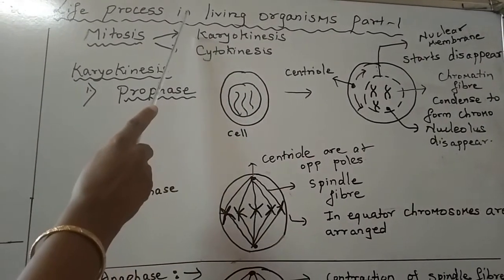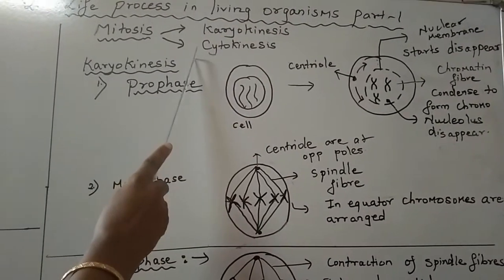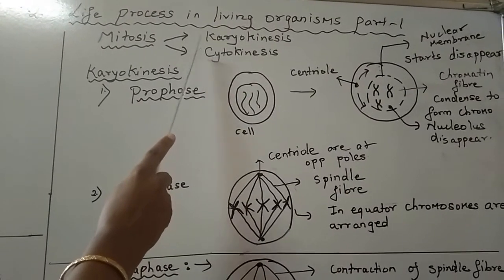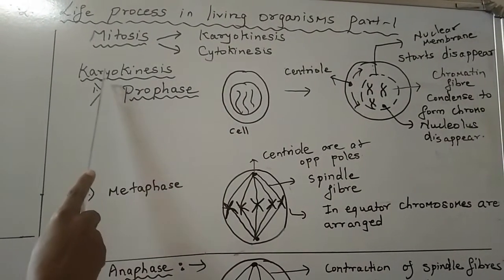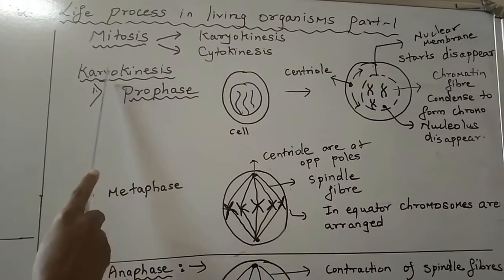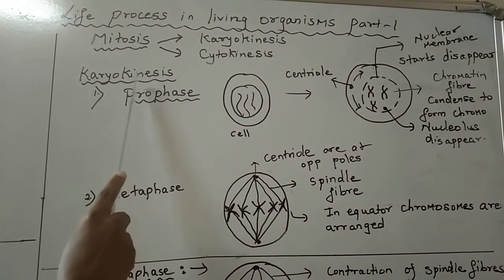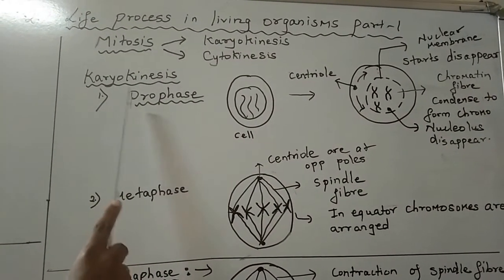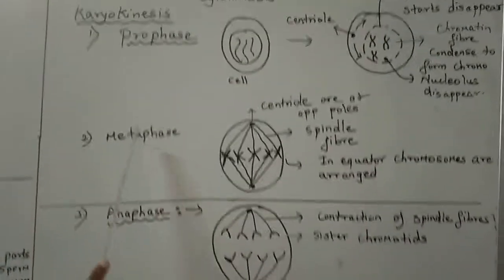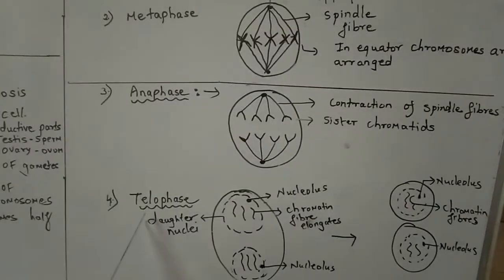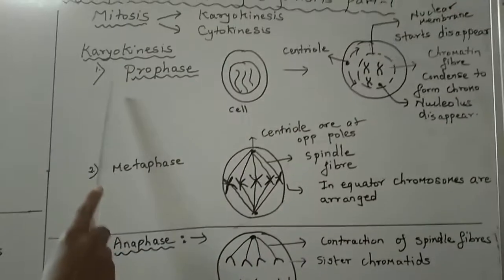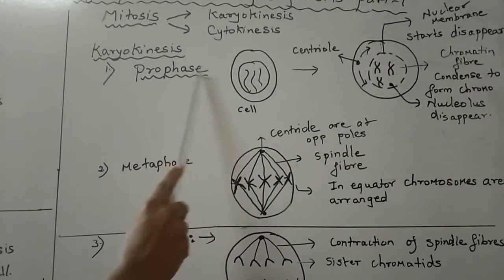So it occurs in two steps, karyokinesis and cytokinesis. So let's study about karyokinesis. In karyokinesis there are four steps again: prophase, metaphase, anaphase and telophase. Okay, so first step we are going to study, that is prophase.